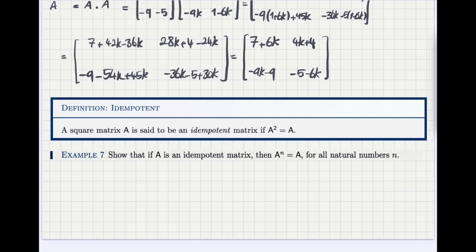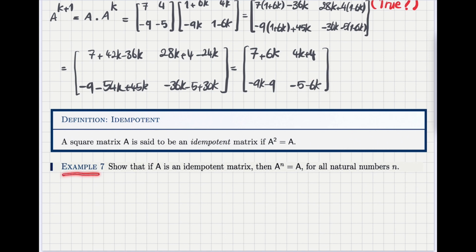Okay, and then in this example, I want to show that if A is an idempotent matrix, the interesting thing is that if the second power of a matrix becomes equal to itself, any power of that matrix becomes equal to itself. It's not hard to see.